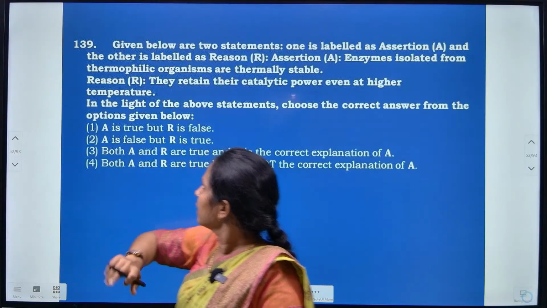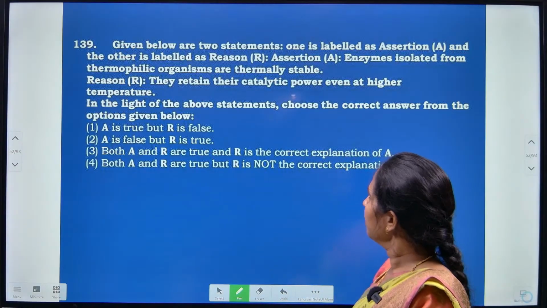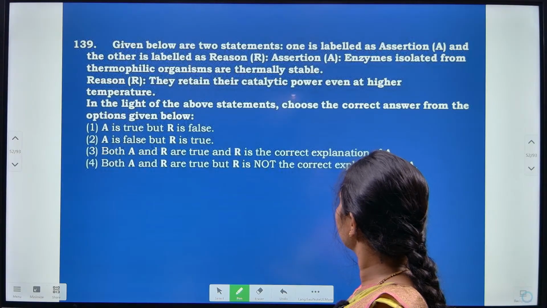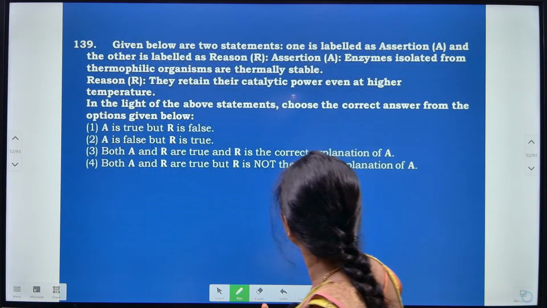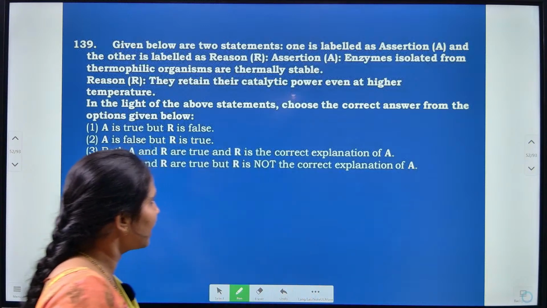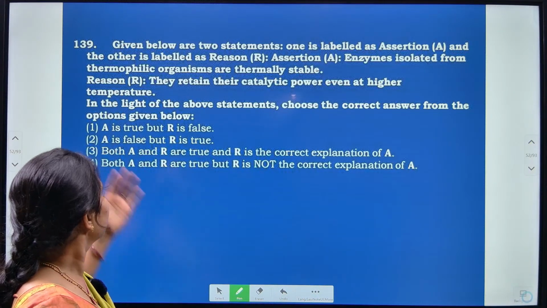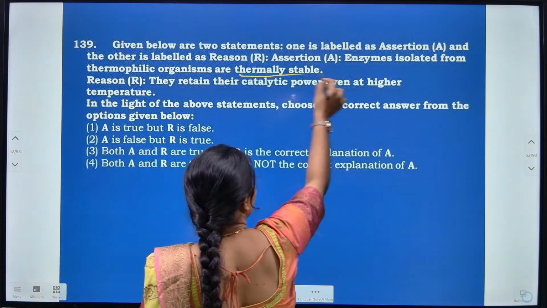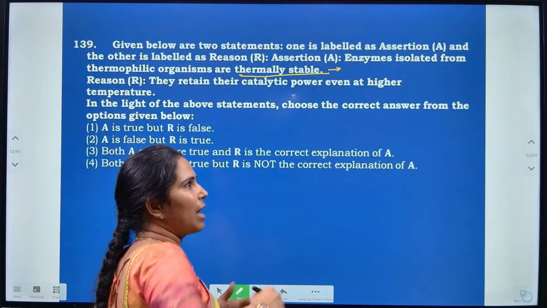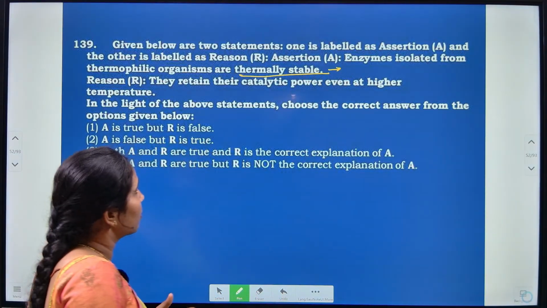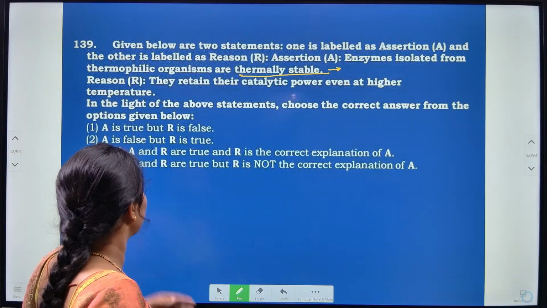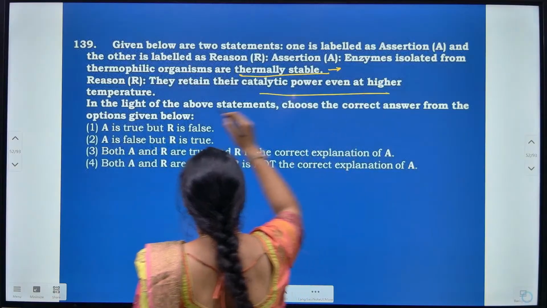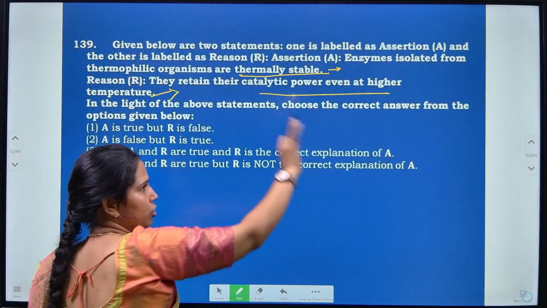Next question: given below are two statements, one labeled as assertion and the other as reason. You have to choose which option is right. Enzymes isolated from thermophilic organisms are thermostable, meaning they are stable and retain their catalytic power at higher temperatures.